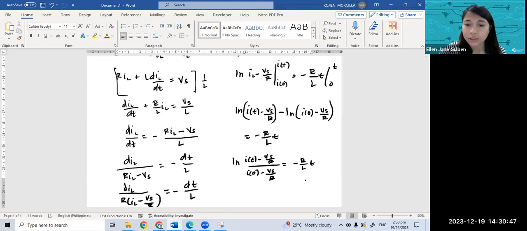Then exponentiating, the ln cancels out: I of t minus Vs over R over I of 0 minus Vs over R is equal to e to the negative R over L t.